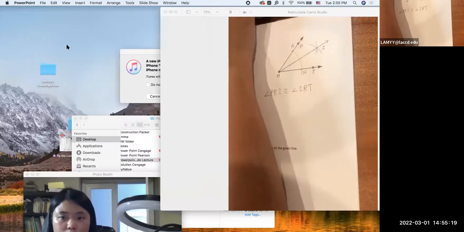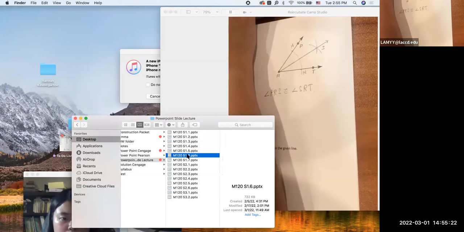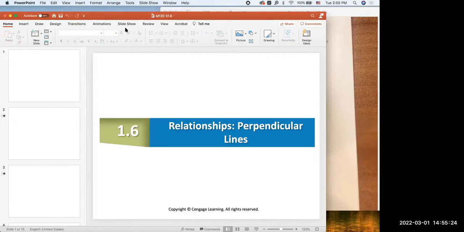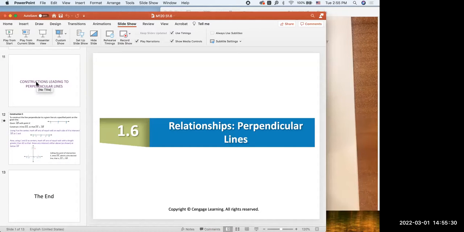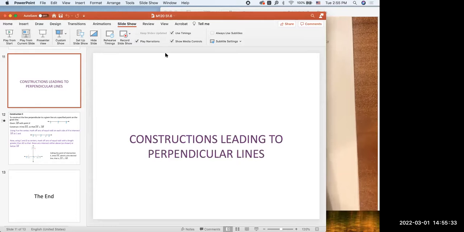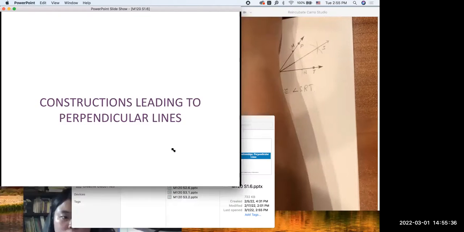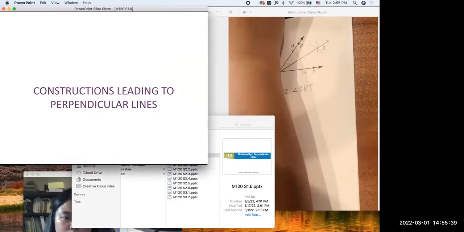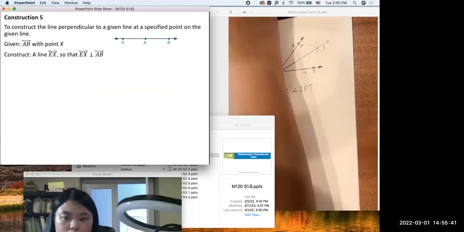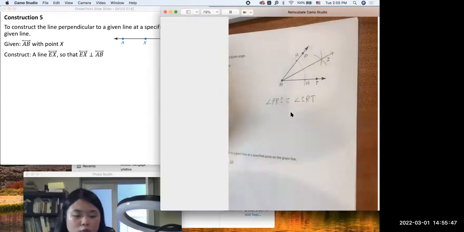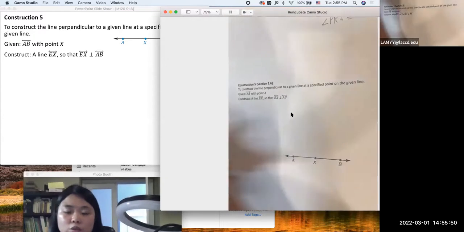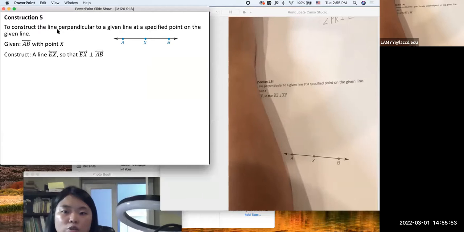Section 1.6. To construct the line perpendicular to a given line at a specific point on the line.